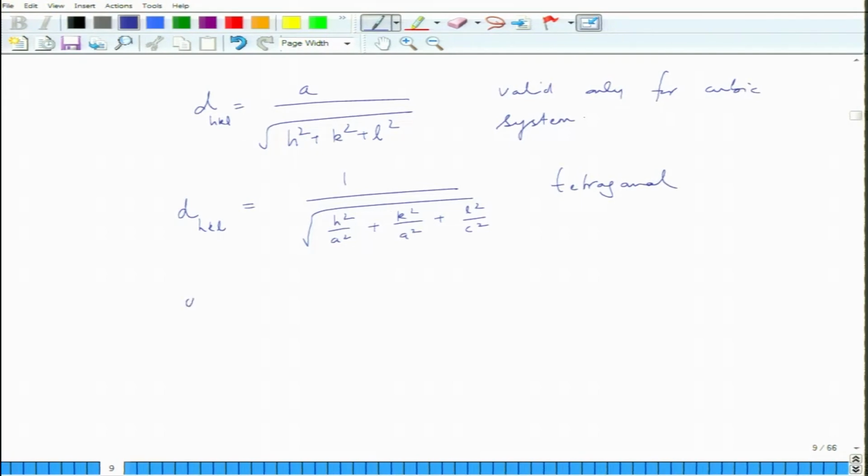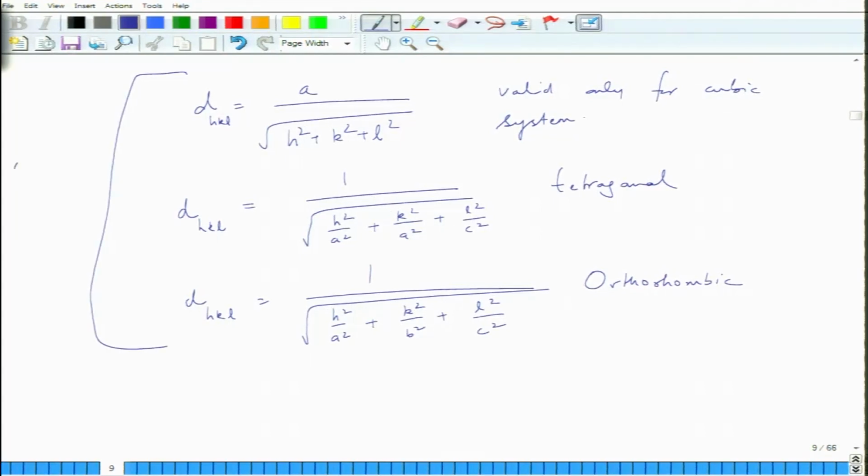So, this is for tetragonal. If you look at orthorhombic, the formula looks fairly similar. These three are orthogonal systems.